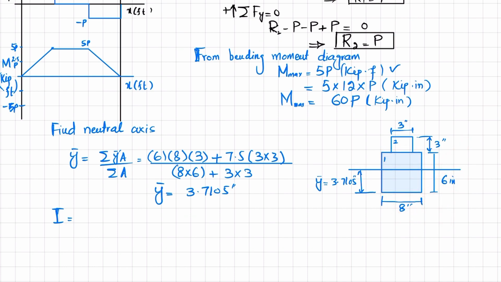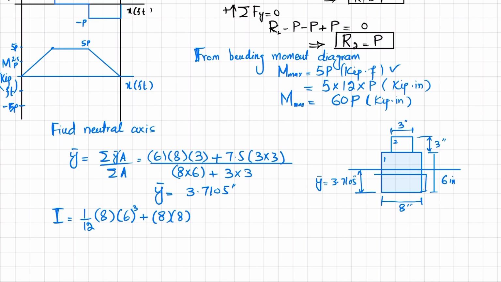By using the parallel axis theorem, 1/12 breadth is 8, height is 6 cube, plus this area which is 8 multiplied by 6, and its centroid is at a distance of 3 from this base.